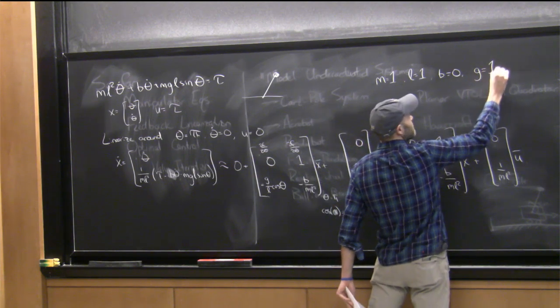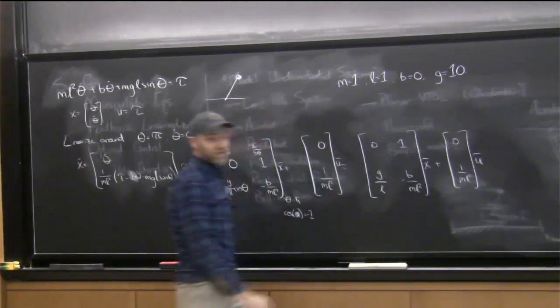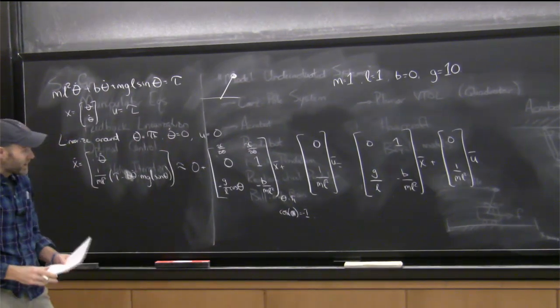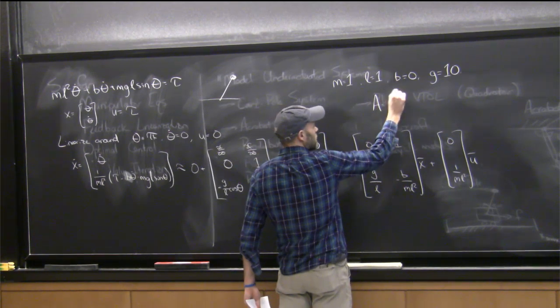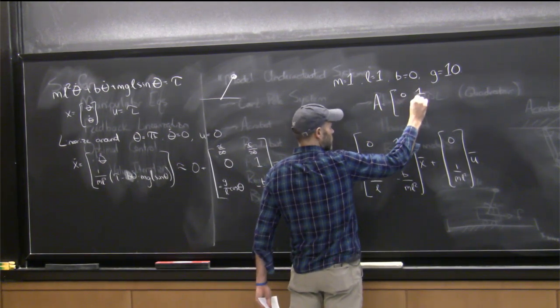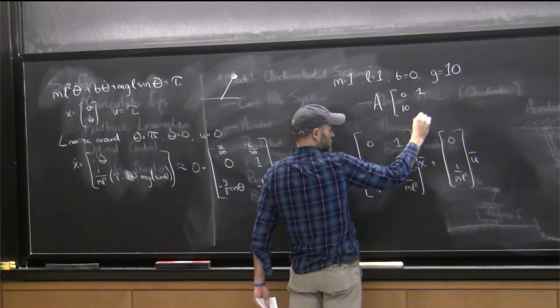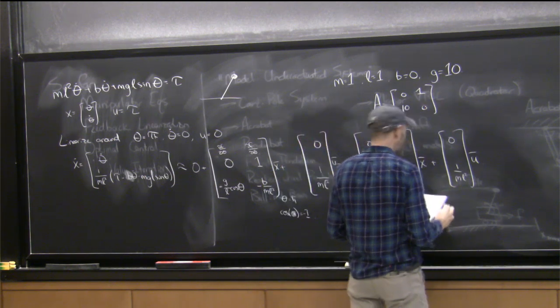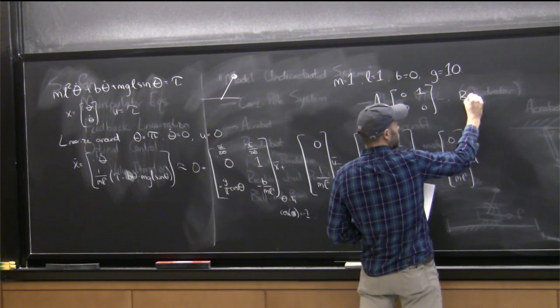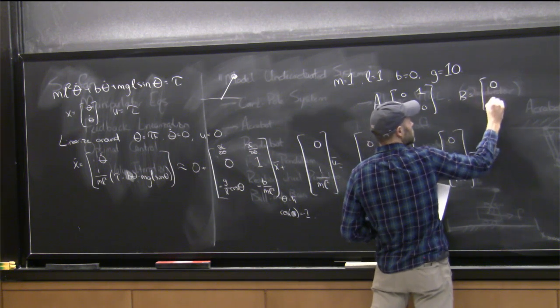I've got to make that a 10. But that's still way easier than 9.81 or whatever. So my system here is A equals 0, 1, 10, 0. And B is just 0, 1.